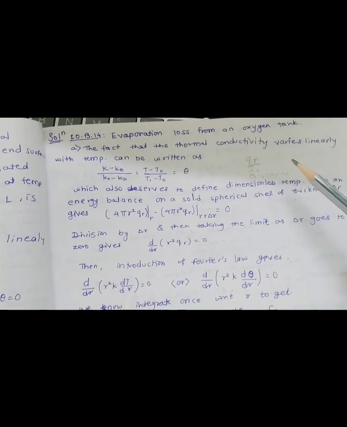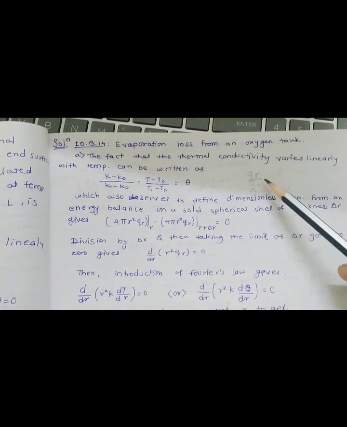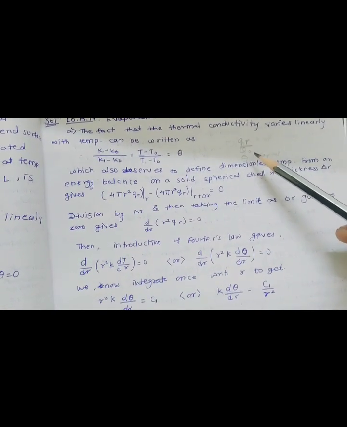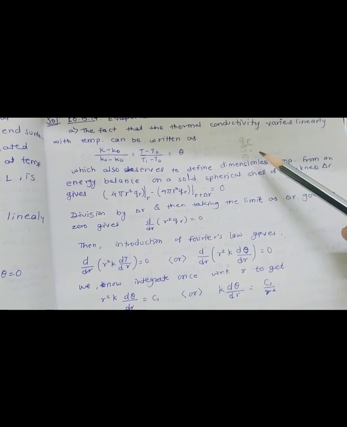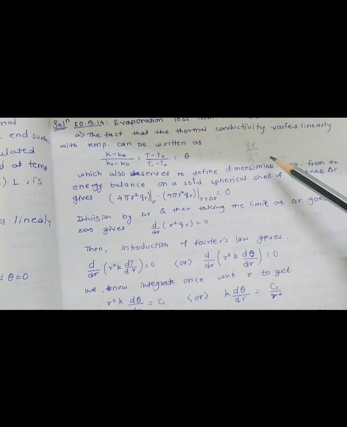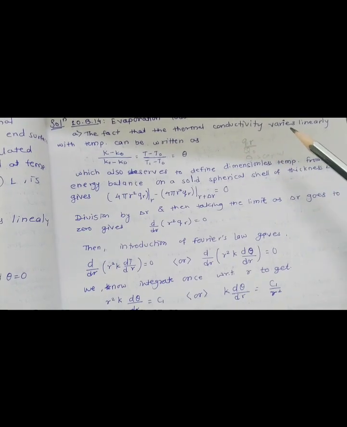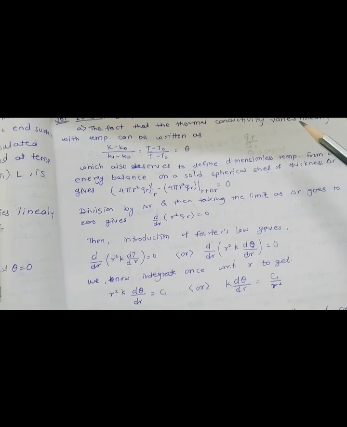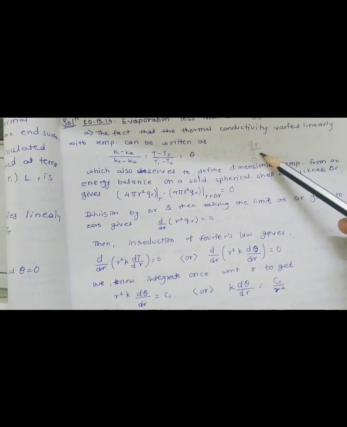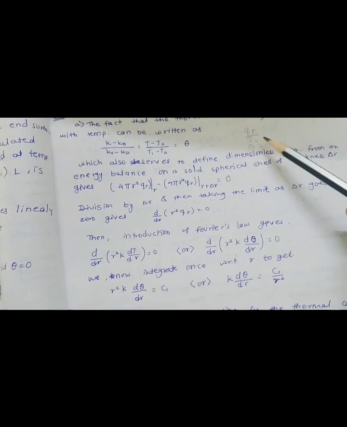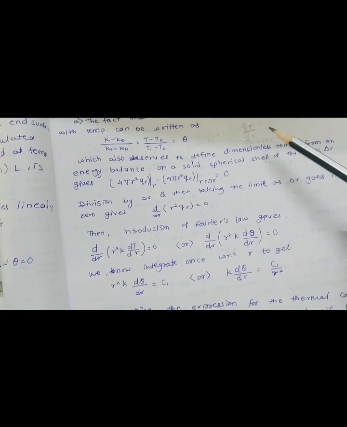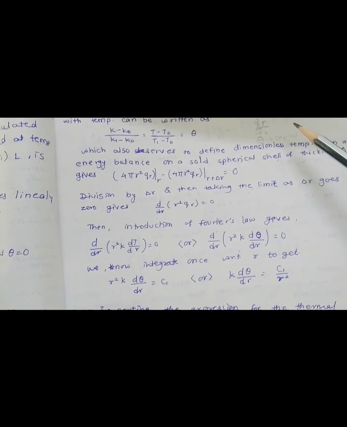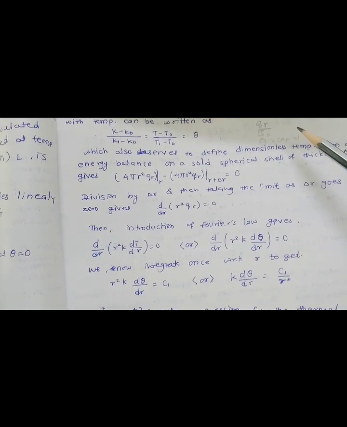In this question, we need more variables like QR, Q0 and capital theta, where QR is the heat flux in the radial direction, meaning the rate of heat transfer per unit area in the R direction in units of calories per second per square centimeter. Q0 is the total heat flow rate, the total energy per unit time flowing inward through the spherical shell in calories per second.